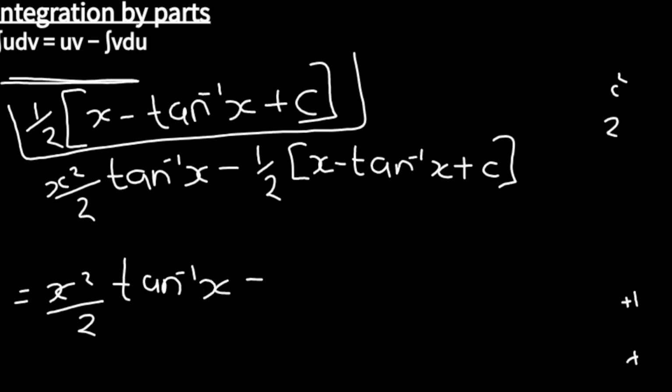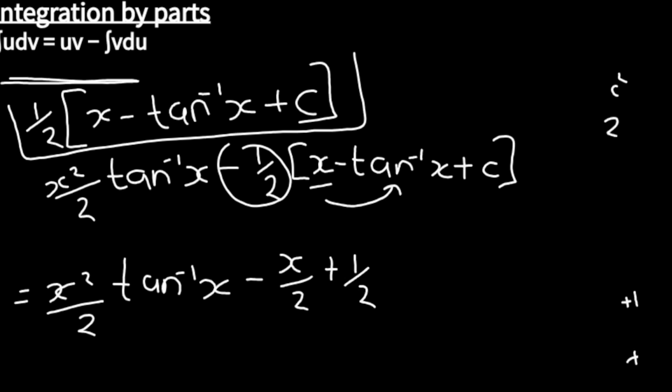so what is negative half times x? That is x over 2. Minus, what is negative half times arctan? A negative times a negative is positive, so it is positive half tan inverse x.